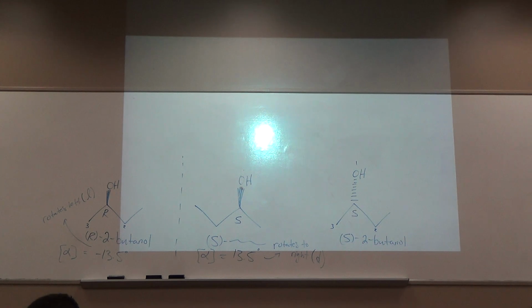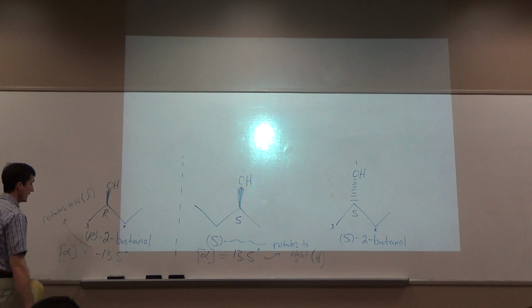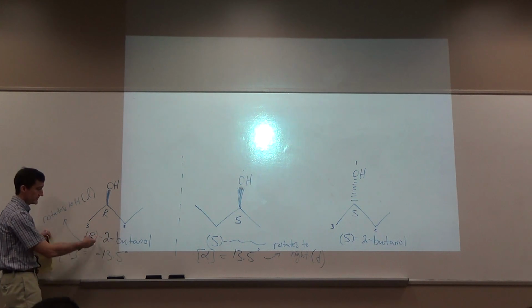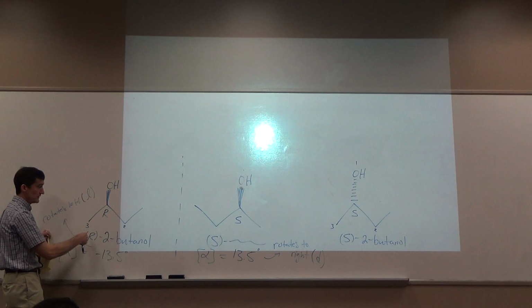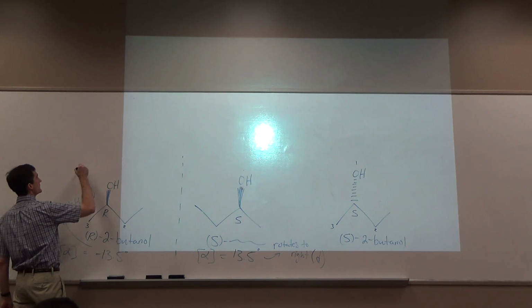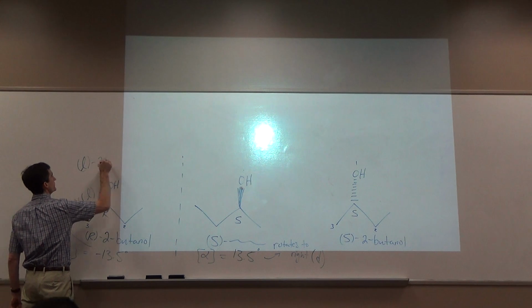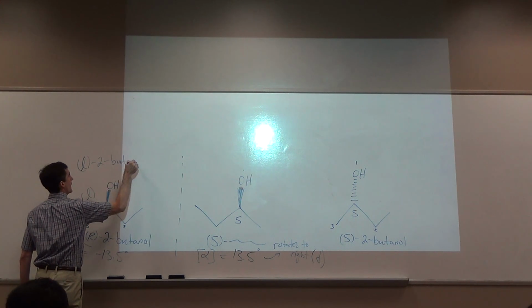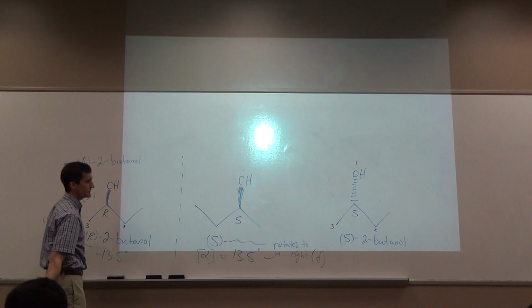Now, these are different terms from R and S, which also mean kind of right and left. So the R-2-butanol could also be called L. I'll write an L like this. L-2-butanol. That's an alternative stereochemical descriptor.